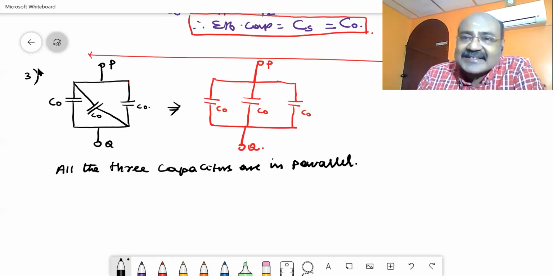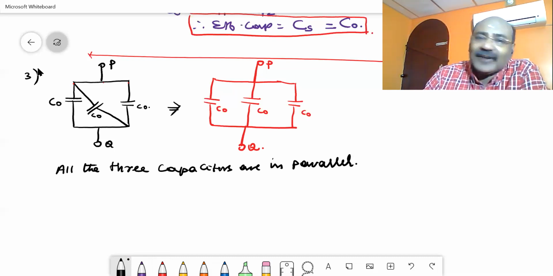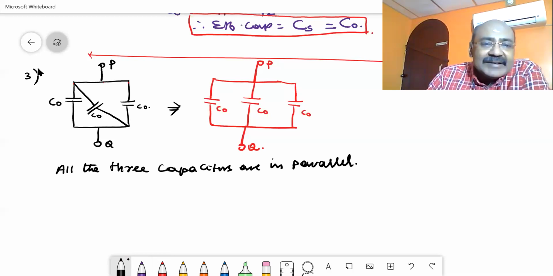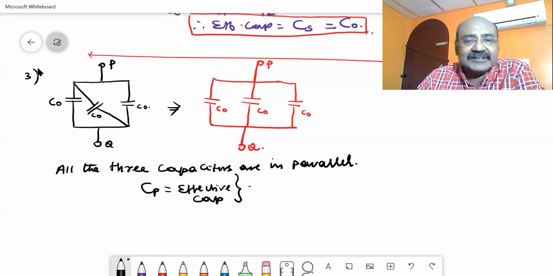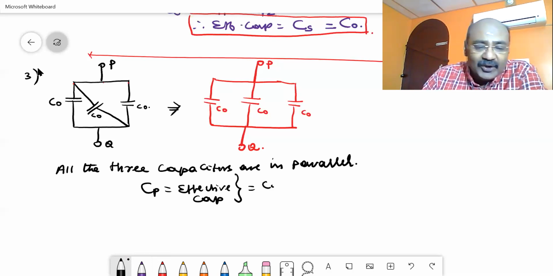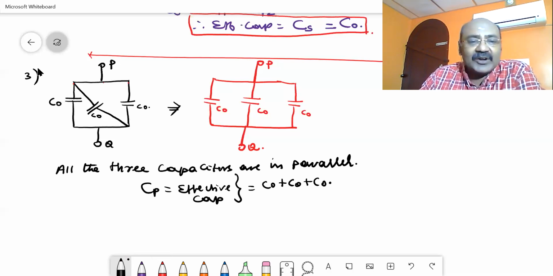If they are considered to be in parallel, then what will happen? Cp is the effective capacitance, which will be equal to the sum of the three: C0 plus C0 plus C0. You will be getting the answer as Cp is equal to 3C0.